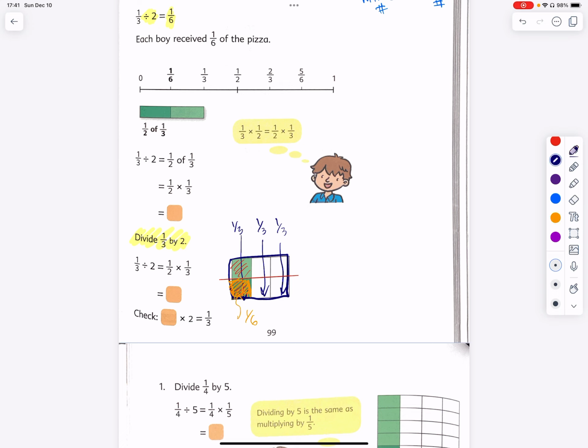So when we are dividing 1/3 into 2 equal parts, we are actually finding a half of it, right? To divide by 2 means to find a half. And of course, we end up with 1 out of 6.